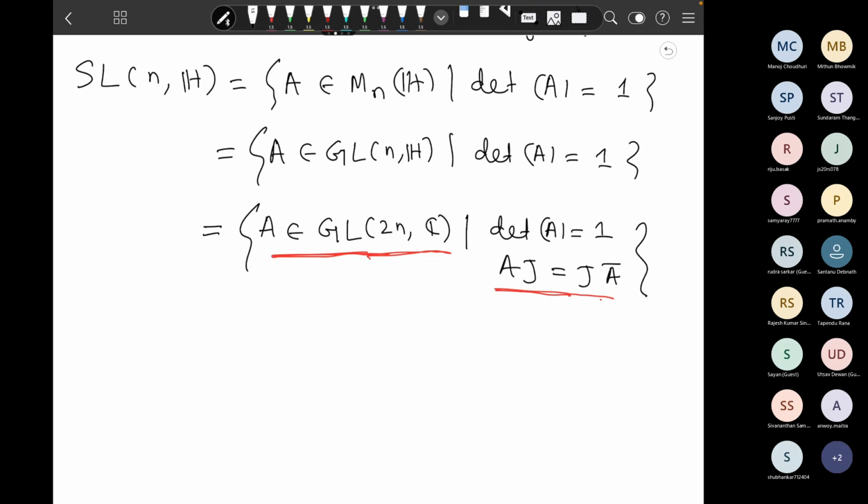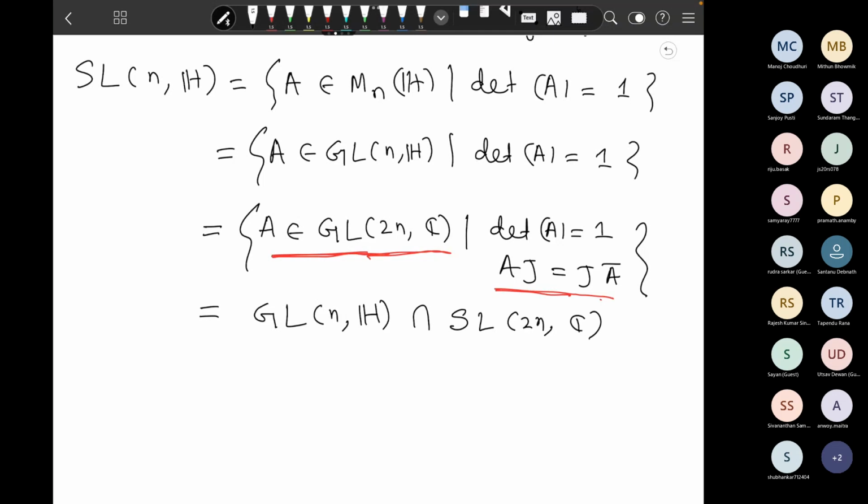So this is the same thing as SL(n,H) equals GL(n,H) intersection SL2(C). These two conditions, AJ is equal to J bar and A belongs to GL2(C), mean that A belongs to GL(n,H), and determinant of A equal to 1 means SL2(C).